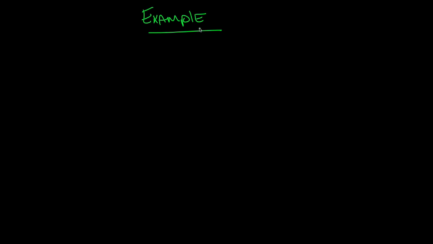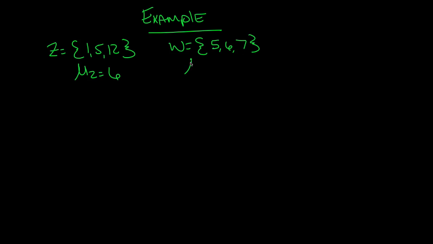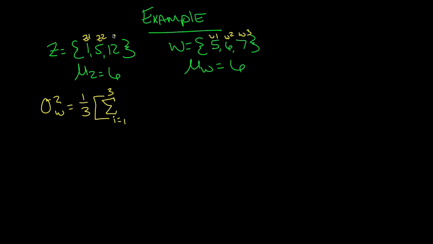Okay, so let's close just with our example. Let's recall z is 1, 5, 12. W is 5, 6, 7. And the mean of z is 6, which turns out to be the mean of w, because that's how we cooked it. Let's start with the easy one. So sigma squared sub w is going to be, let's see, in this case, n is 3, so 1 over 3 times the sum from i equals 1 to 3 of, let's call this w1, w2, w3, and this over here is z1, z2, z3.